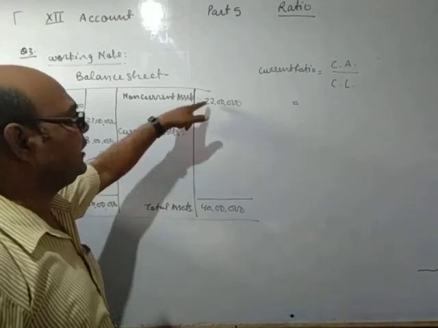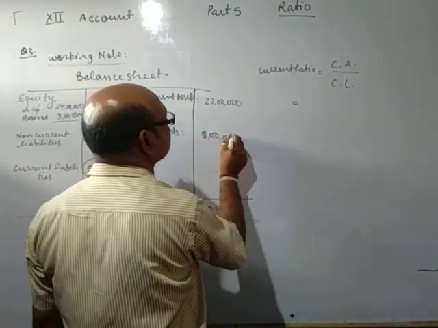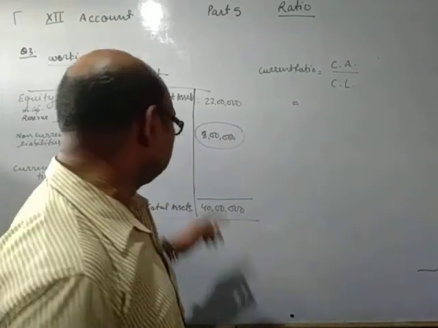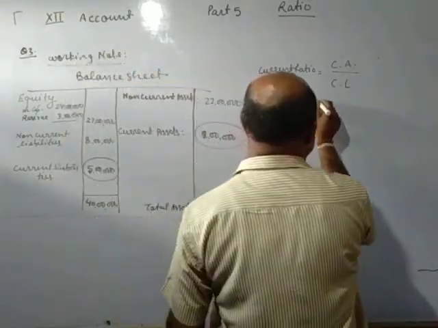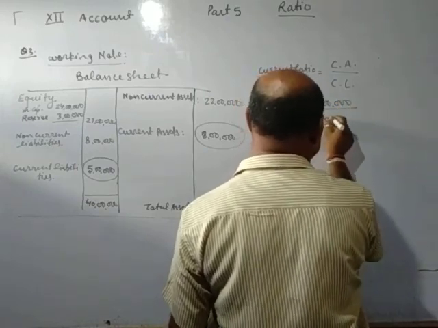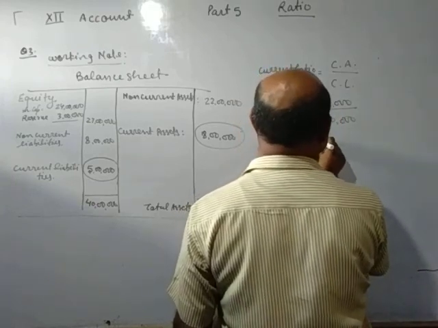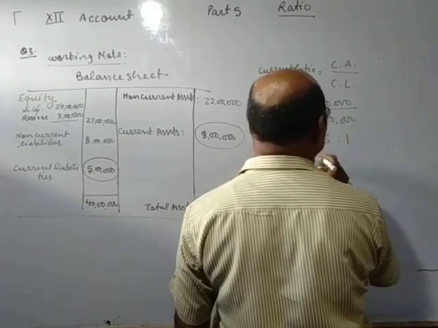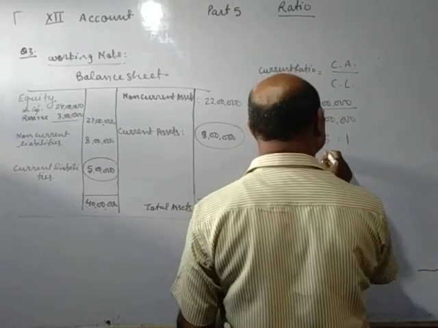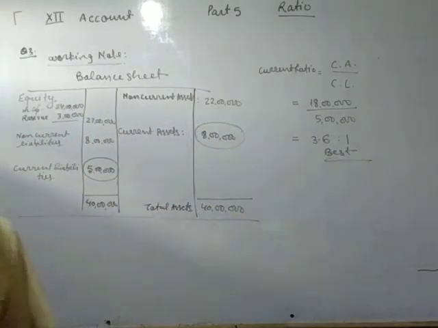So 40 minus 22 will come 18 lakhs. So this way we can calculate the current assets, 18 lakhs divided by 5 lakhs, 3.6:1. That is best, because the current ratio is more than 2 times, so it is good for the company.